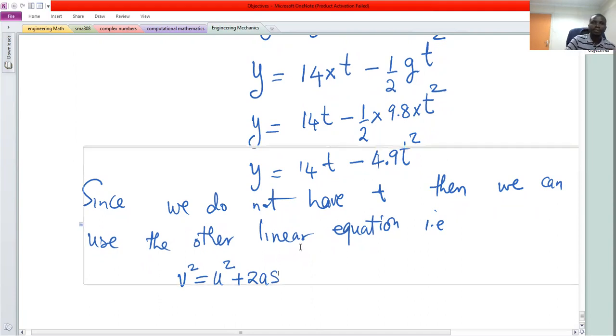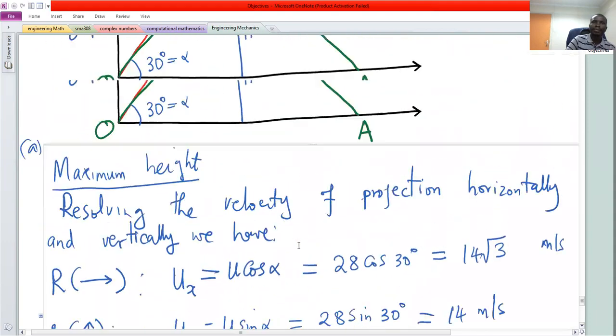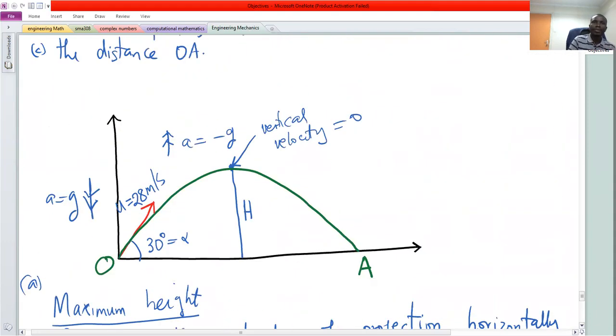So at this point here, where the projectile is having maximum height, the vertical velocity is 0. So it means that our Vy, or the final velocity for the vertical component, is 0.